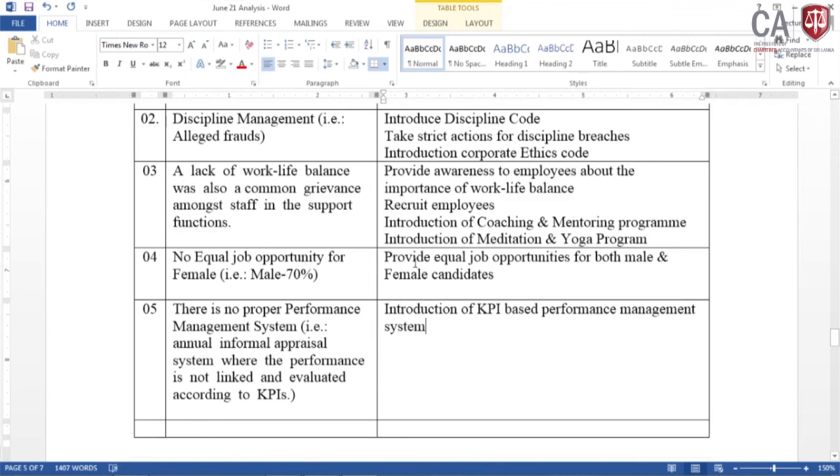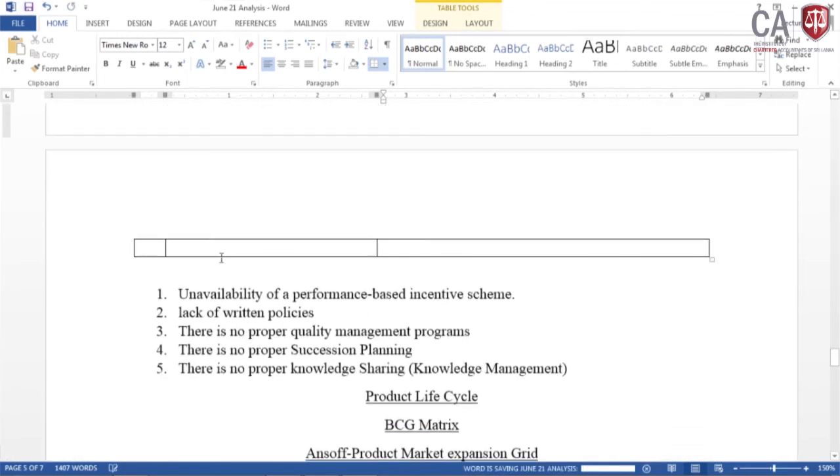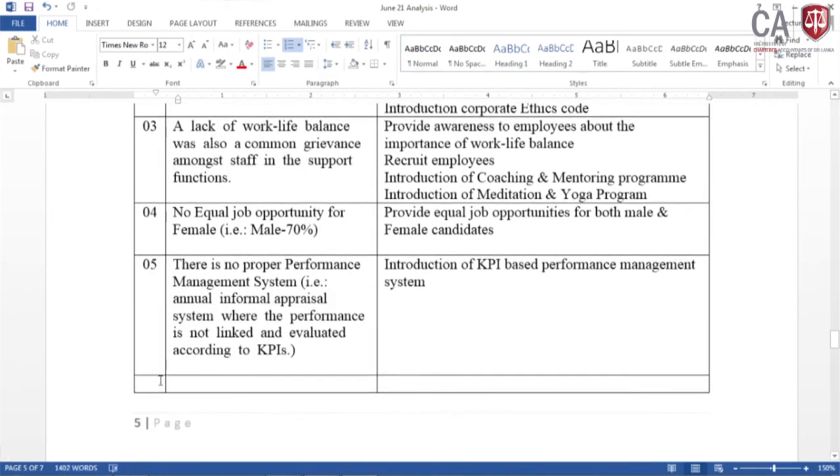Then induction of a performance based incentive system also. Number 6 issue.